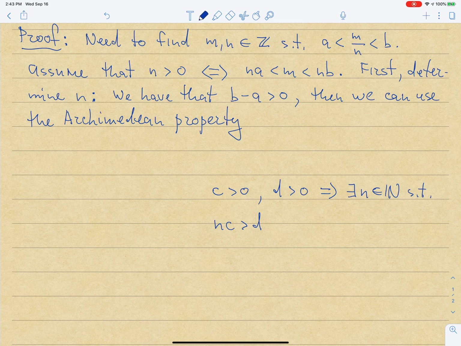Okay, so what happens if I choose b minus a as my c, and d equal to 1 in this Archimedean property?